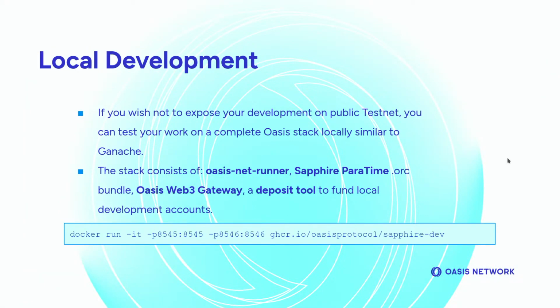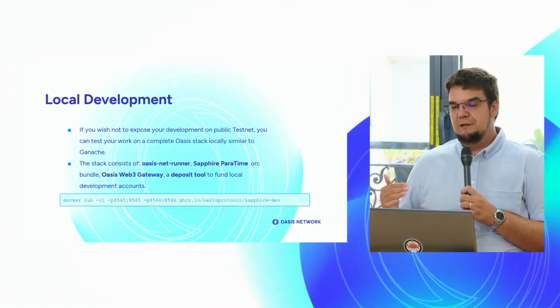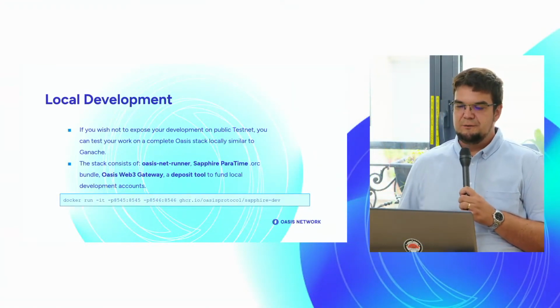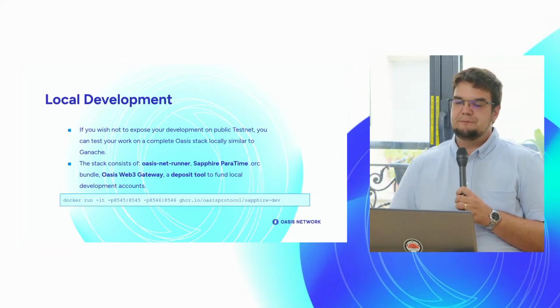Okay, another useful tool, put it this way, is that because our tooling is compatible with the original Ethereum EVM, you're free to use the hardhat node command to run your non-confidential chain locally, and just test out your smart contract.